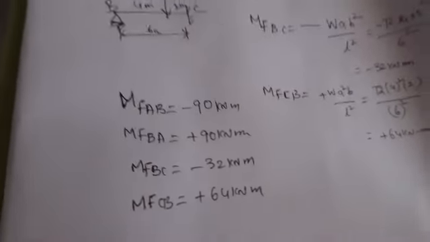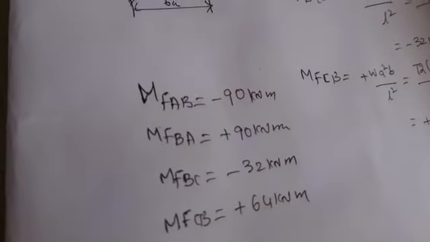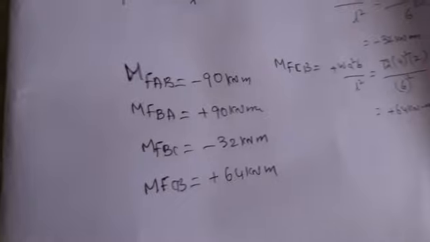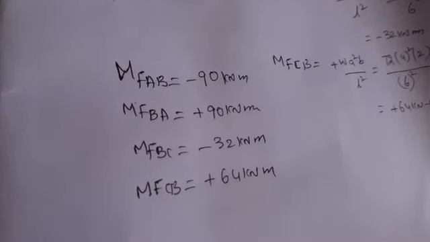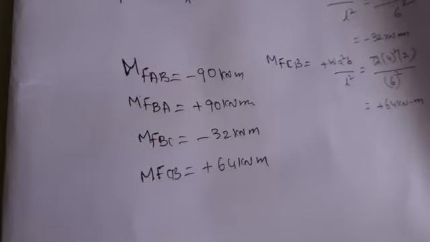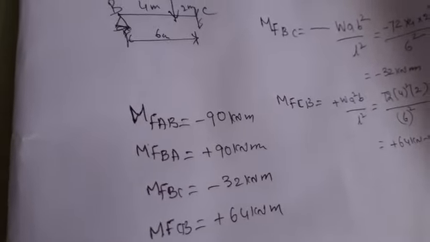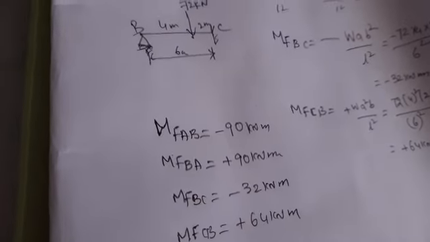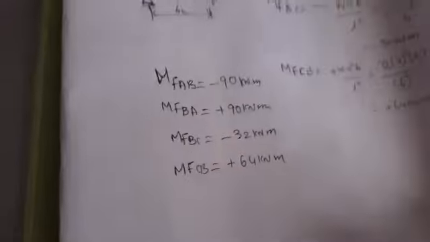BA must equal BC, but there will be some plus or minus 1 or 2 difference. In the moment distribution method, we take the exact value, with only a 0.001 difference. That's why most people prefer the moment distribution method. Now we will go for step 2.